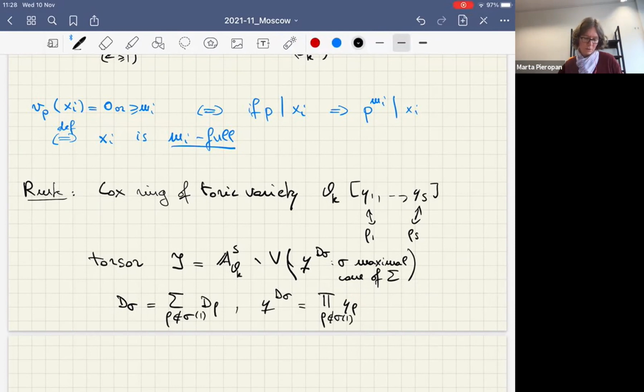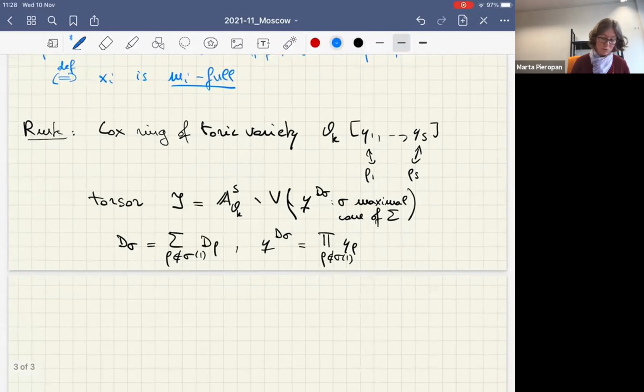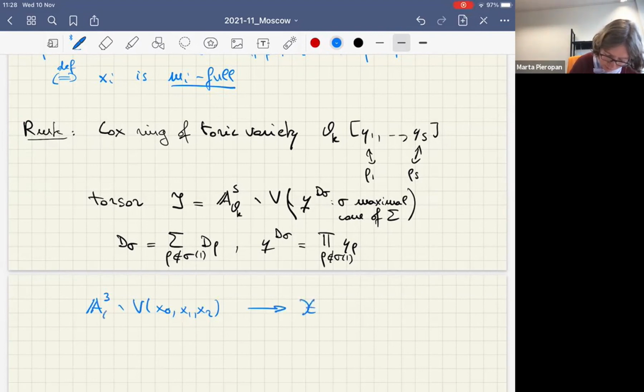It's not extremely important to know precisely which one this is, but in any case, we do have the example of the projective plane where we do have A3. And then the set that we are removing is just, in this case, V of x0, x1, x2, which is the origin. And this is my torsor. And it has a map down to the original toric variety, in this case, P2.